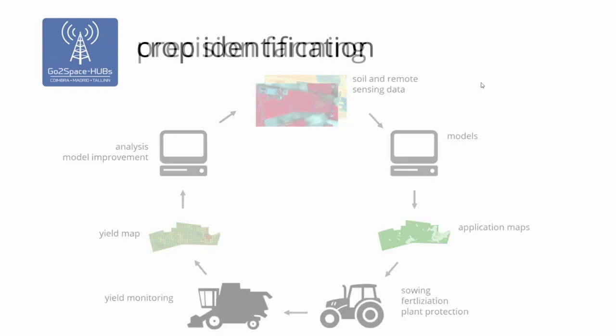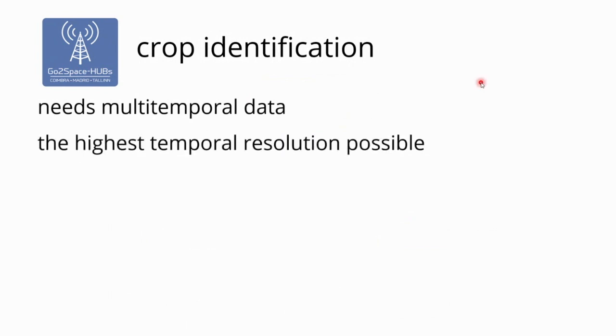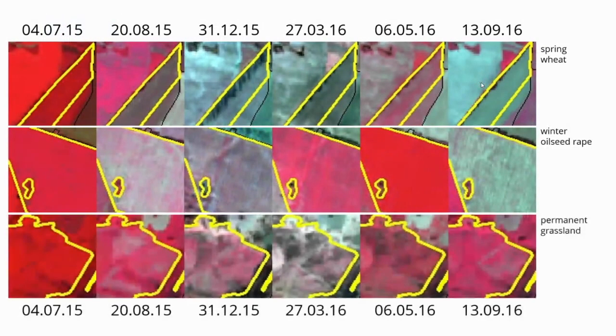So this is one of the applications. Crop identification, I told you before, needs very high temporal resolution, the highest temporal resolution possible actually. So we have 3 different crop types here in the same time series, and we can see again this image where the red means healthy vegetation.